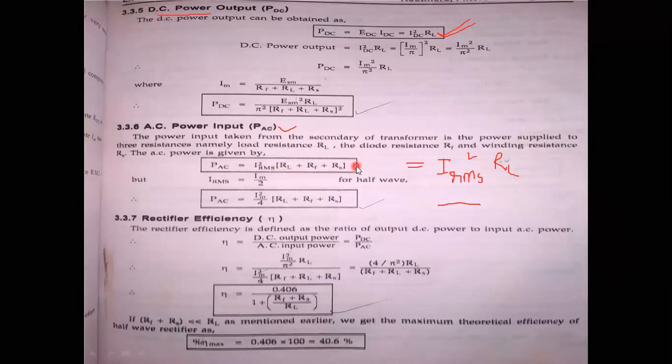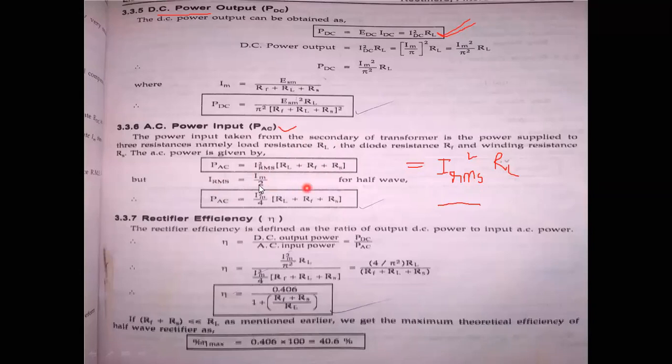If you use either formula, you will get nearly the same answer. But if you include RF plus RS also to calculate total resistance, then the value which you get will be the most accurate one. That's it.